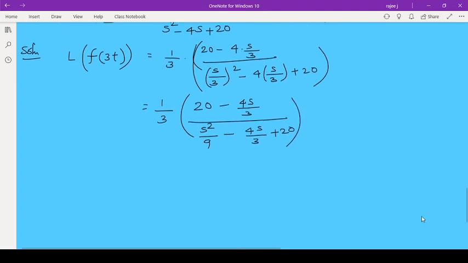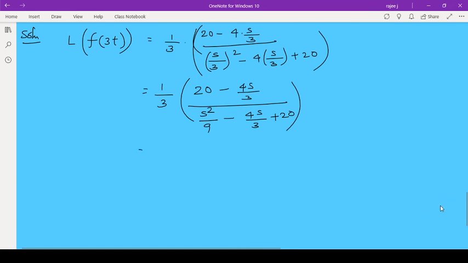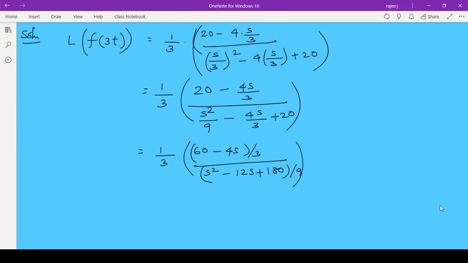On simplifying, you will get 1 by 3 into, taking the LCM, 60 minus 4s divided by 3 divided by s square, with denominator 9 as LCM, s square minus 12s plus 180 divided by 9. Again, on further simplification, you will get the answer as 60 minus 4s divided by s square minus 12s plus 180.